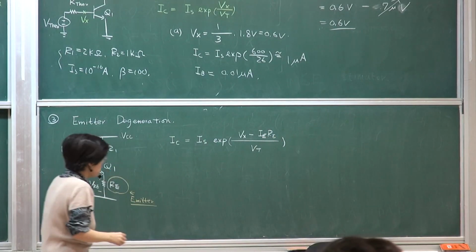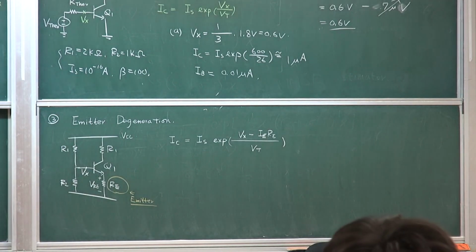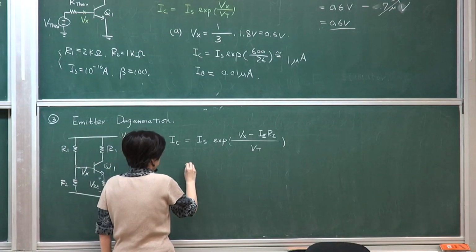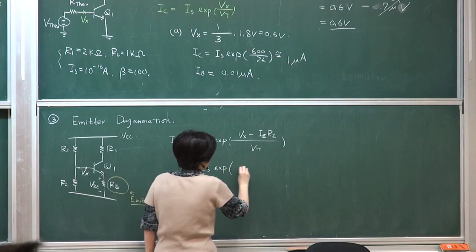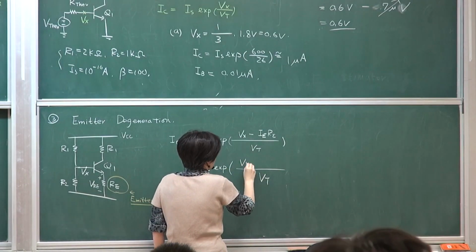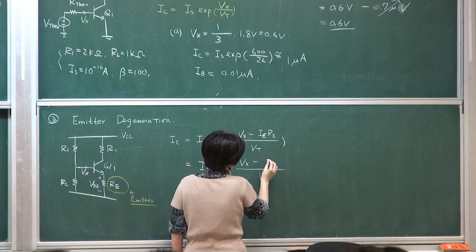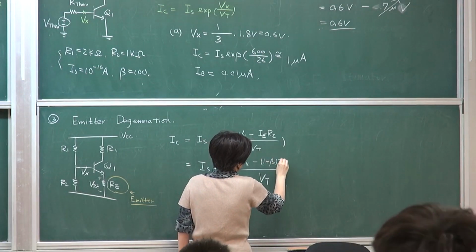I should write it this way. I want to write it as 1 plus beta IC.